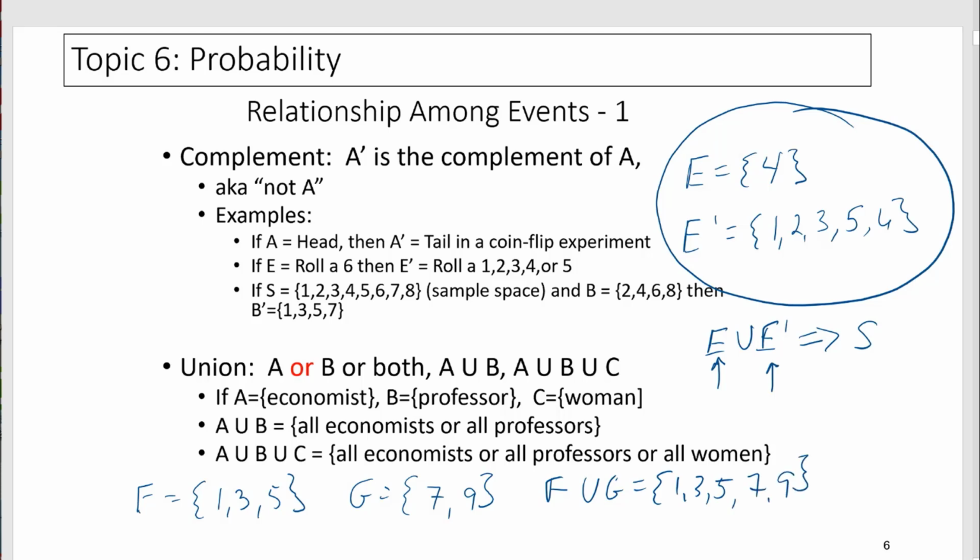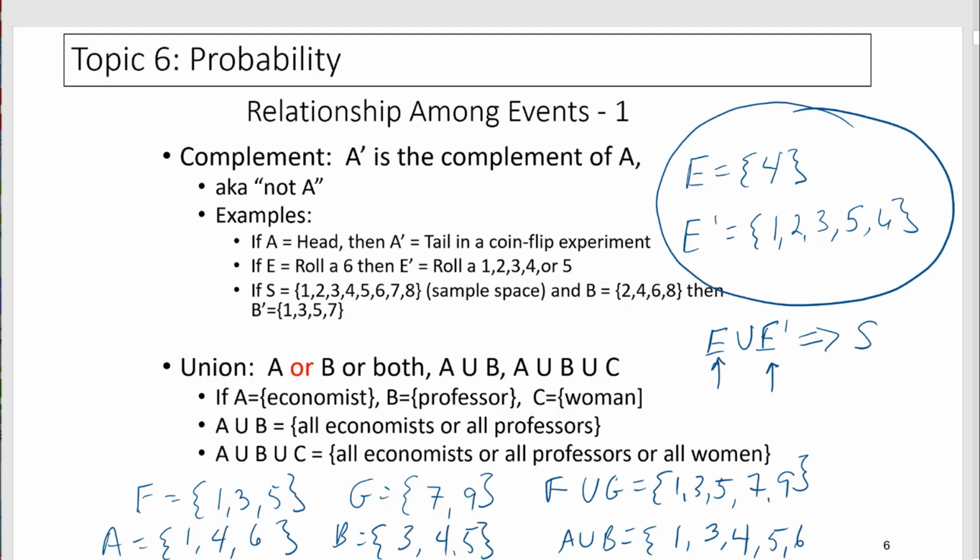If I had A, and that was 1, 4, 6, and I had B, was 3, 4, and 5, and I union these two, I would then have 1, 3, 4, 5, and 6. I wouldn't write 4 twice. I'd only write it one time.